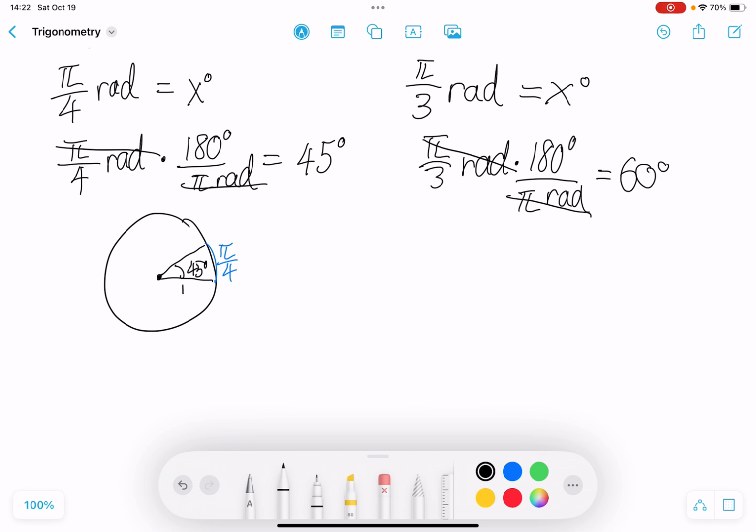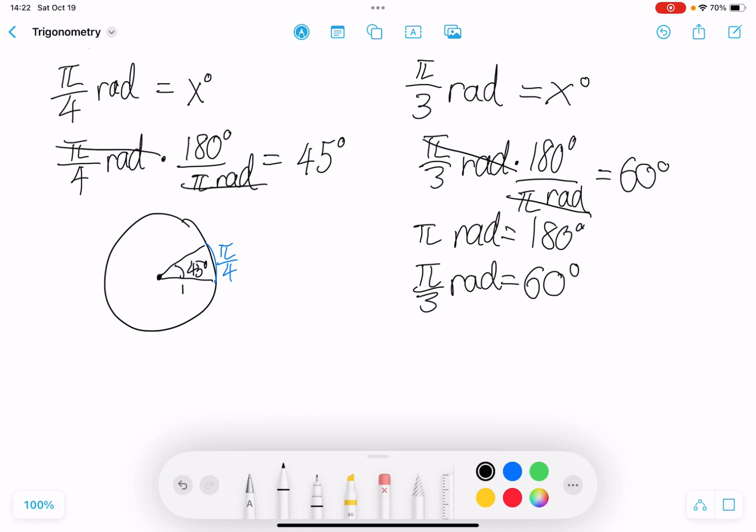We're left with 60 degrees, which is just our answer. You can think about it in this way again. You can draw a unit circle. Or another way to think about it is, I know that pi radians is 180 degrees. How do I get from pi to pi over 3? Just divide both sides by 3, really simple algebra. So this is just 60 degrees if you divide both sides by 3. So that's just the answer also.